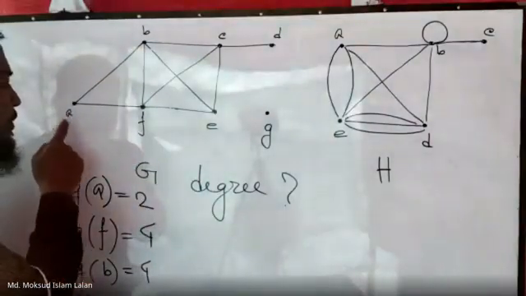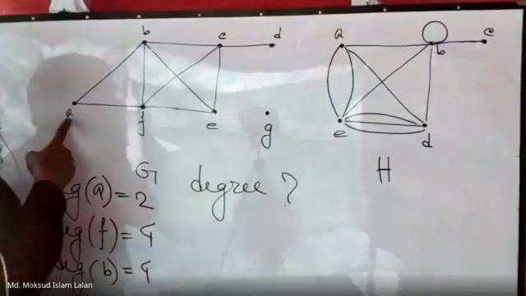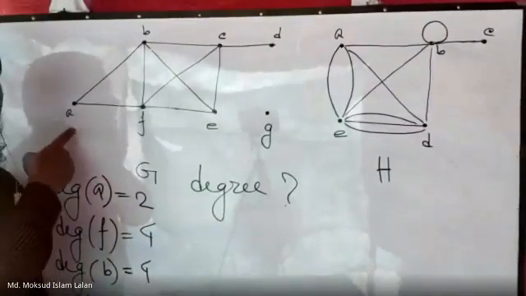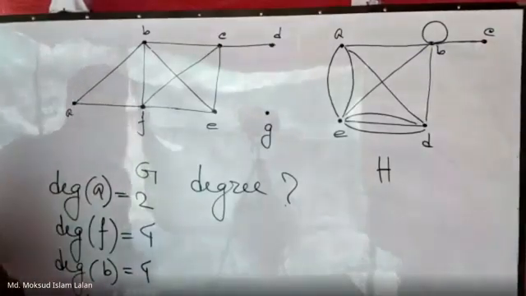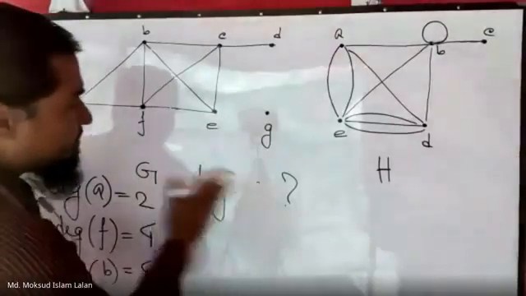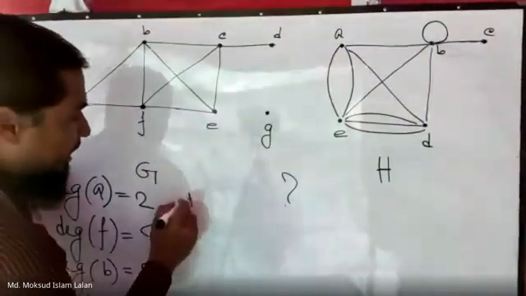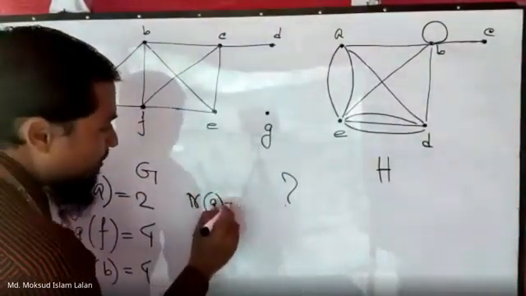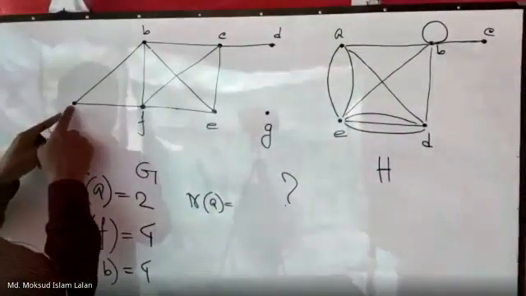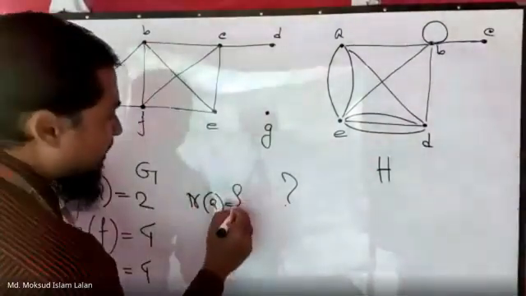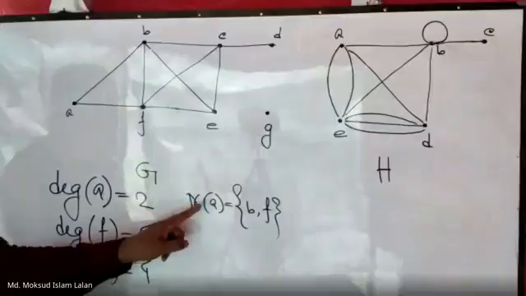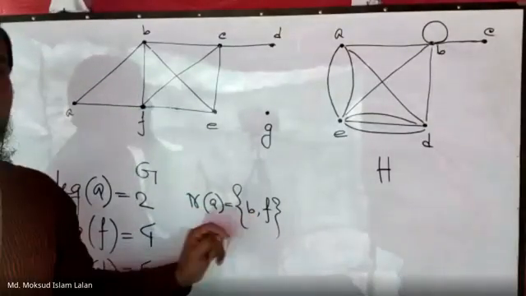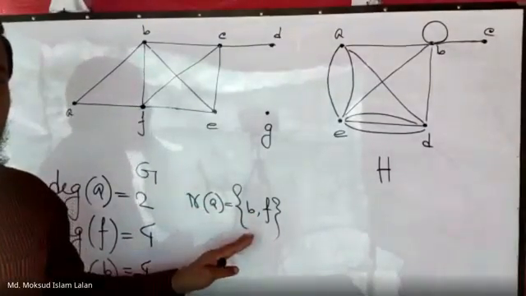If I ask you what is the neighbor of a vertex, the neighbor of a vertex is denoted by N of A. So N of A means A is connected with B and F vertex. So the neighbor of A is B and F. Is it clear? Yes, sir.